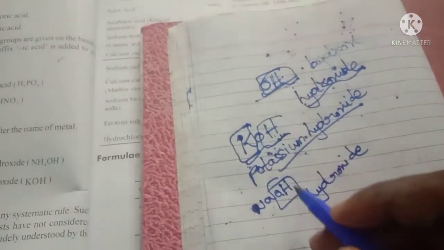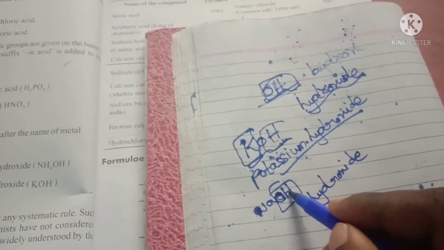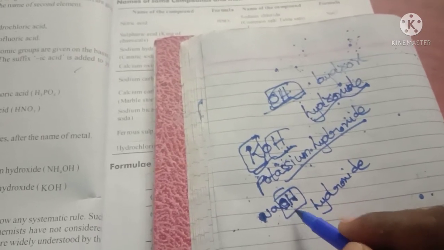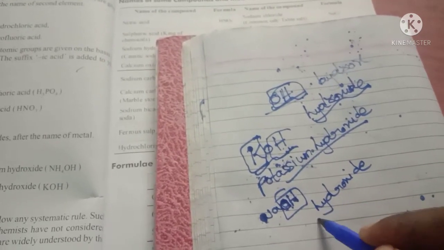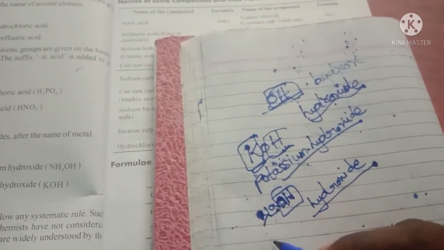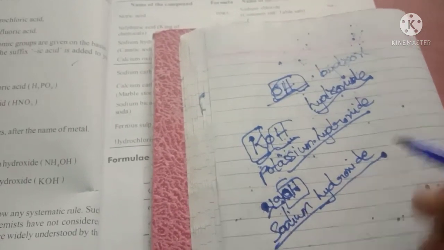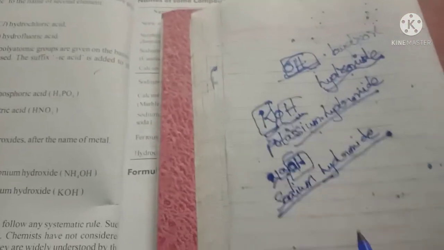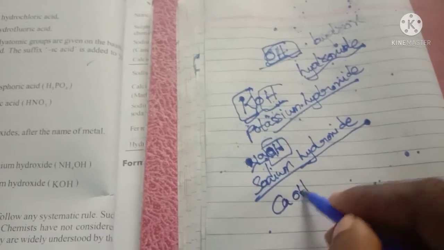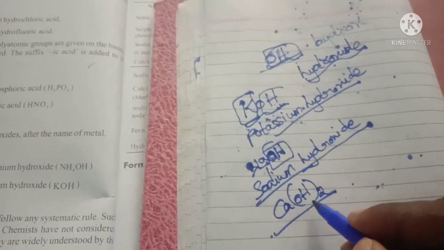By looking at the formula you found OH, so you confirmed that this is a base, and you need to add hydroxide. The symbol Na is sodium. Sodium hydroxide, simple. Now Ca(OH)2, with 2, is the formula I have given you.